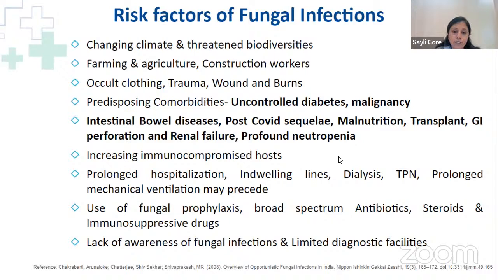Prolonged hospitalization, indwelling lines, dialysis, TPN, and prolonged ventilation can also lead to fungal infections. And overuse or misuse of broad spectrum antibiotics or steroids can lead to fungal diseases.